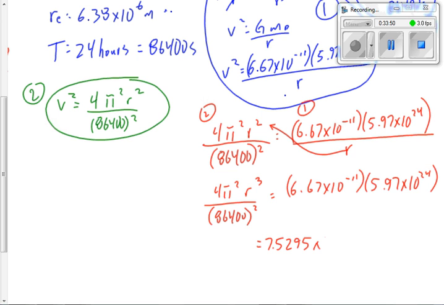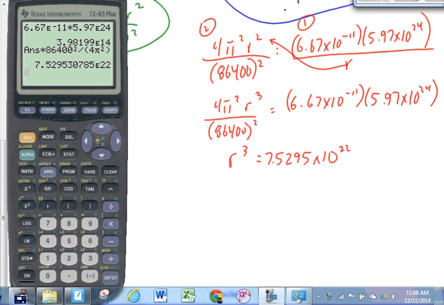times 10 to the, what was the number there? 10 to the 22? Now I've got to take the cube root of that. How do I do that? So it's not the square root, it's the cube root.